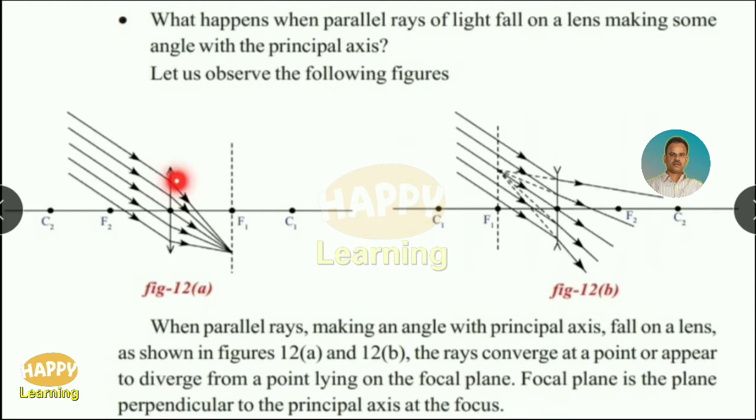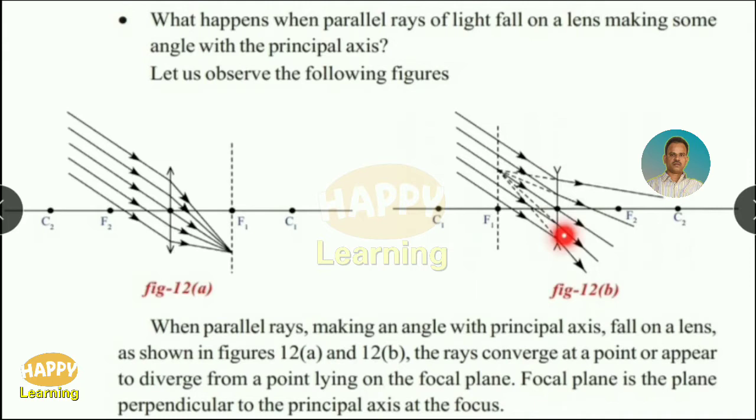They are also converged to a point called focus, but this focus is not on the principal axis, but it is on the plane containing the principal axis. This focus on the principal axis is called principal focus, and this other point is also called a focus. This point is particularly on the principal axis, so it is called principal focus.